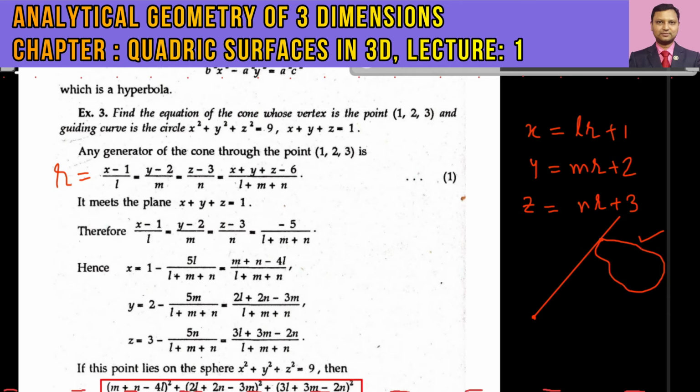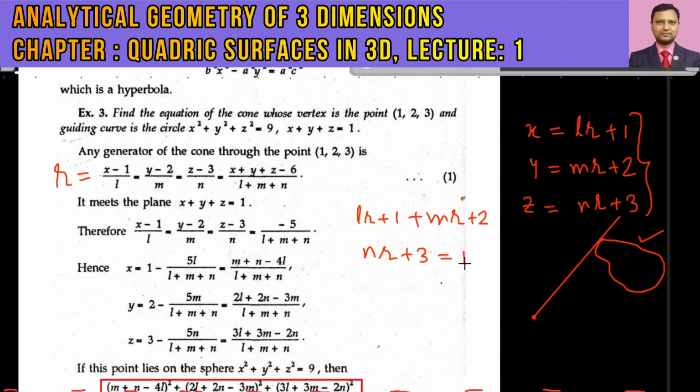Let's see what would be the value of r for which the point on the generator is passing through the guiding curve. In that case, what we need to do, we need to put these expressions of x, y, z in the equation of the guiding curve. So what is the equation? The equation is x plus y plus z is equal to 0. So x means l into r plus 1, y means m into r plus 2, and z means n into r plus 3.